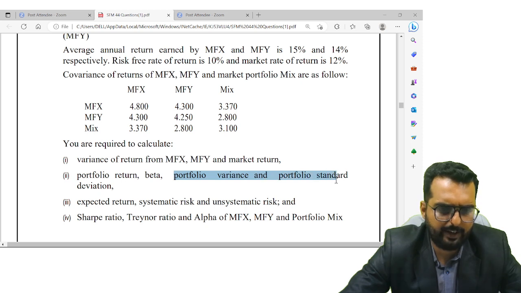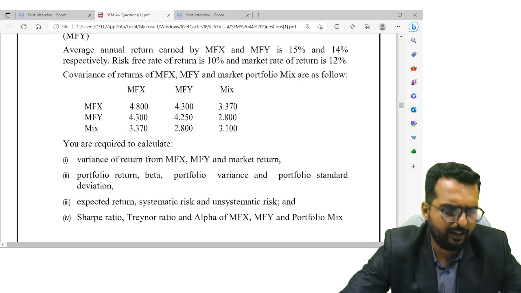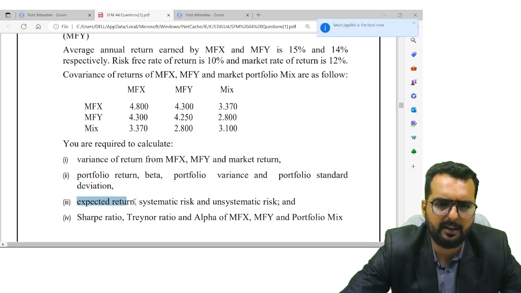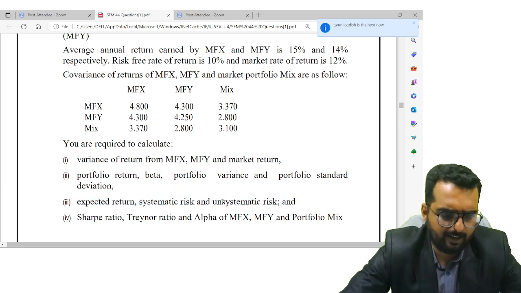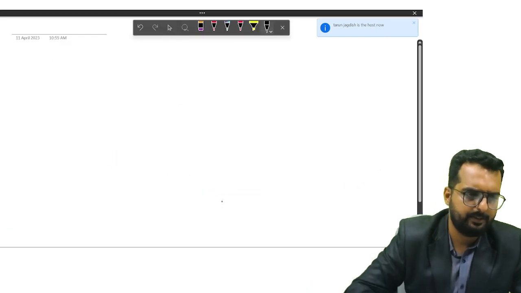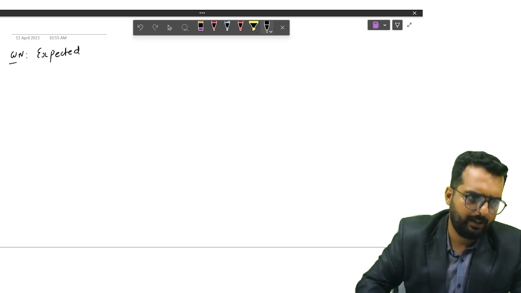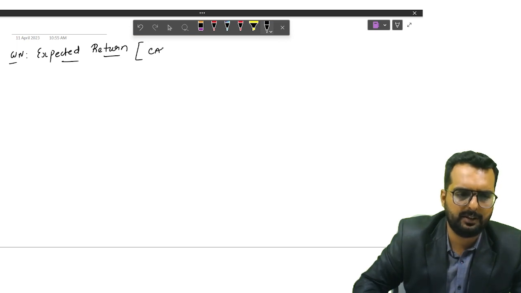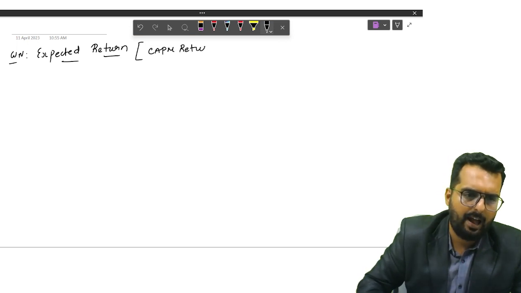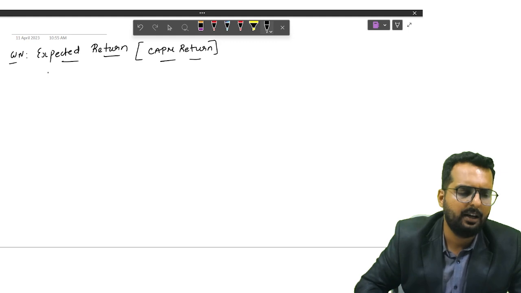After we get the portfolio variance and standard deviation, they are asking you to find out the expected return, systematic risk and unsystematic risk. Let's do it in the next page. Next working note heading is going to be expected return. Friends, in the absence of information, expected return and CAPM return will be the same.